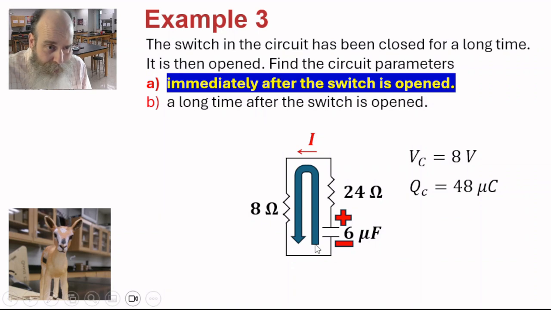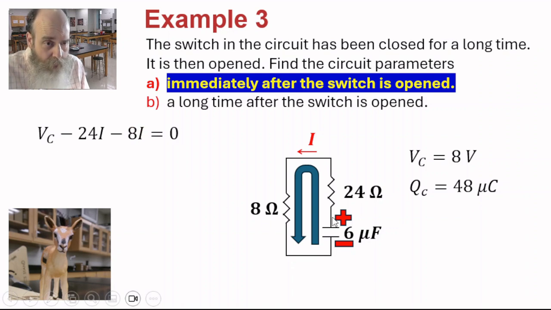Let's start here at the negative terminal of the capacitor and go around back to the starting point. So we have VC, the voltage increase when you go through the capacitor, minus the voltage decrease across this resistor, 24 ohms times the current I, then minus the decrease across the 8 ohm resistor, 8 ohm resistance times the current I, and the sum of these must equal 0.